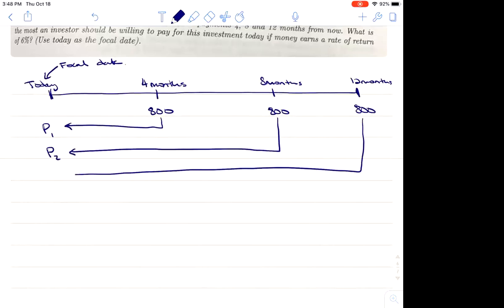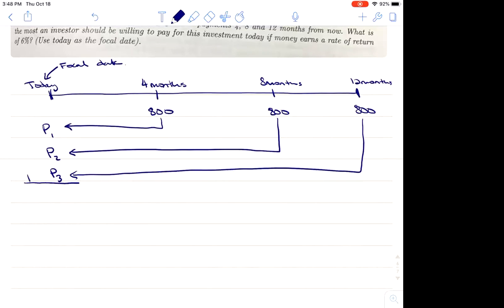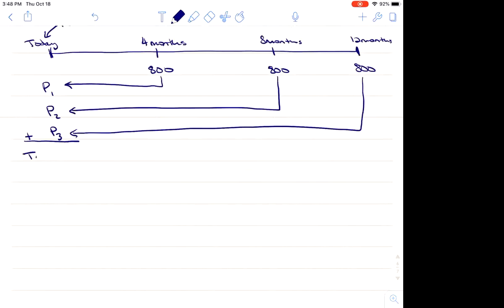P3. So adding these up, this is the total value of the investment today.